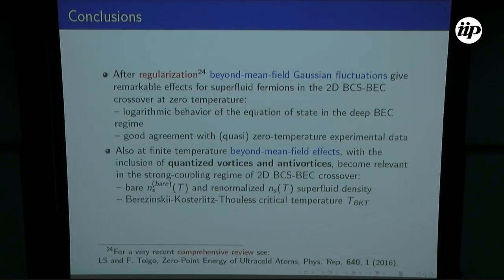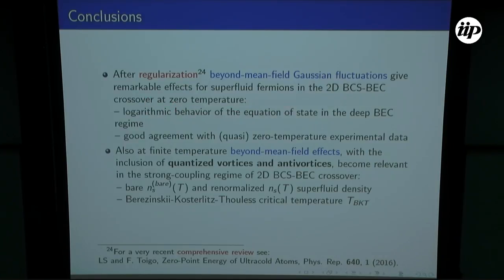Okay, to conclude, I have shown that after regularization, and a comprehensive review of the method of dimensional regularization for ultracold atoms can be found in this review, beyond mean-field Gaussian fluctuations give remarkable effects for superfluid fermions in the 2D BCS-BEC crossover at zero temperature.